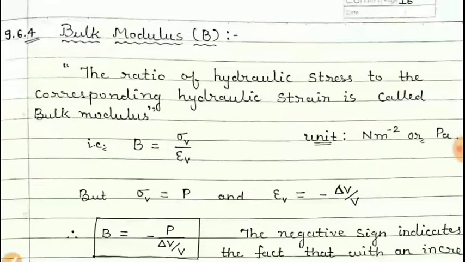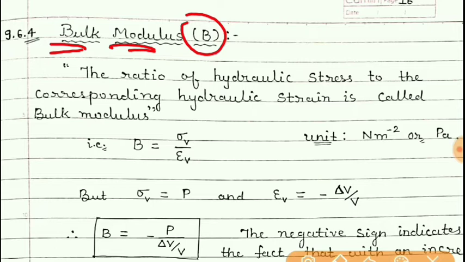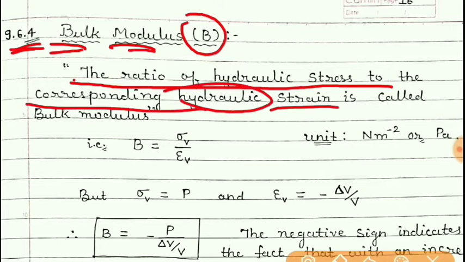Now about bulk modulus, denoted by capital B. Topic number 9.6.4. Students, according to this statement, the ratio of hydraulic stress to the corresponding hydraulic strain is called bulk modulus.